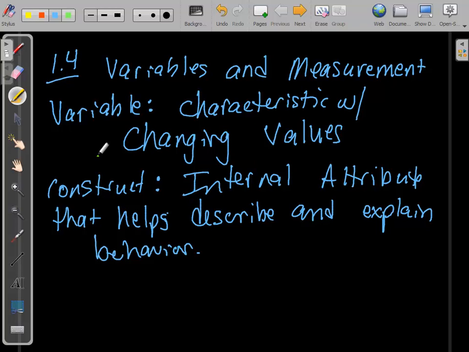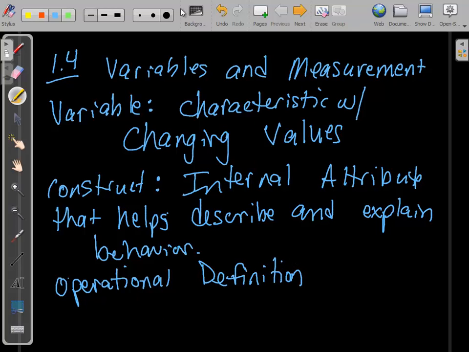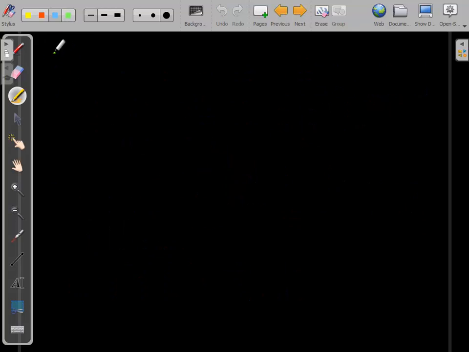Okay, so whenever you deal with a construct, you also have to create what's known as an operational definition. Okay. So let's take a look at an example of an operational definition.